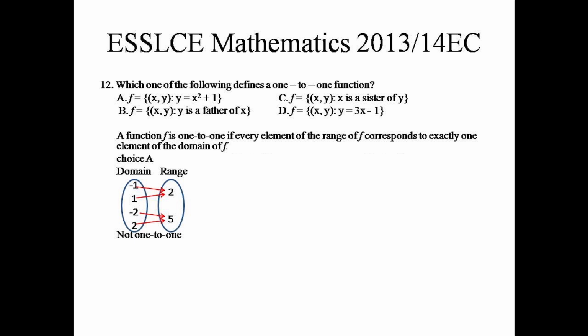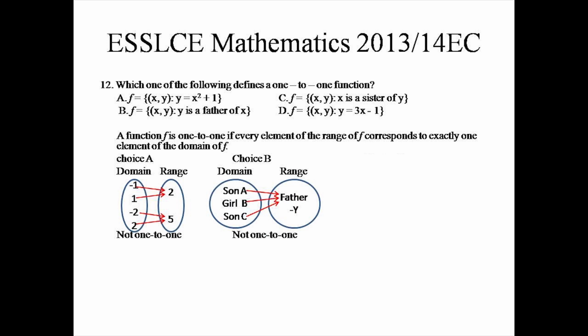Choice B, f is equal to the ordered pairs x, y such that y is a father of x. Let son A, girl B and son C be the domain of this function and father y be the range. Father y is the father of son A, girl B and son C, meaning one element of the range corresponds to three elements of the domain. So the function is not one-to-one.